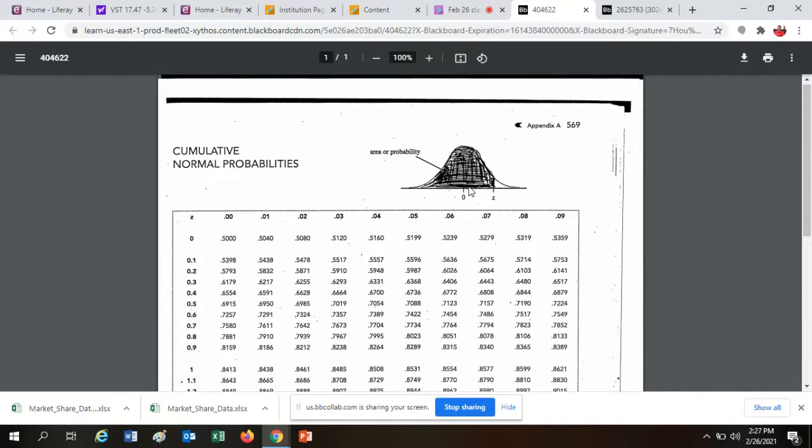It would be all the way down to here. But what would that shaded area be? Going down to 0.10, and these are positive numbers, 0.10 would be 0.5398, or 53.98% of the time.